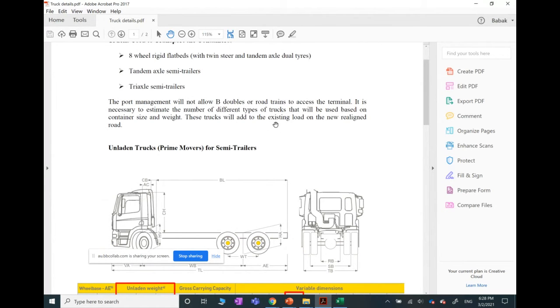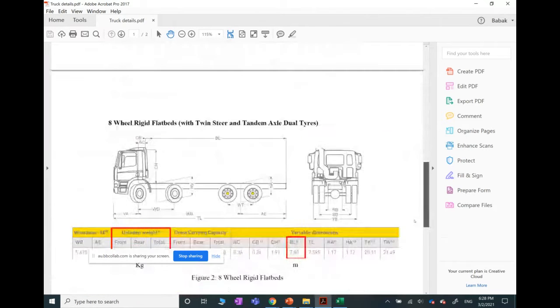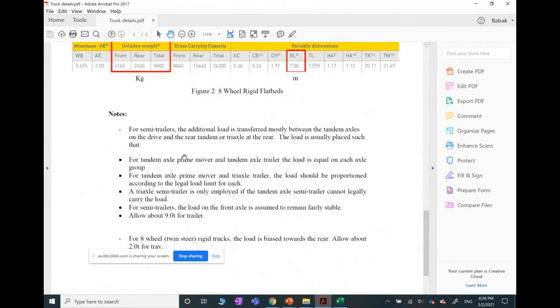And these trucks will add to the existing load, of course, on the new realigned road. And at the end, I provided you more information on how to distribute the load between different trucks and between different axles.